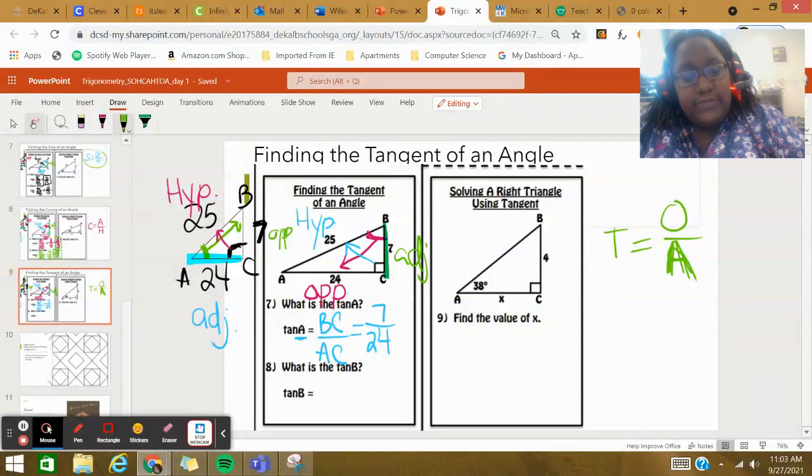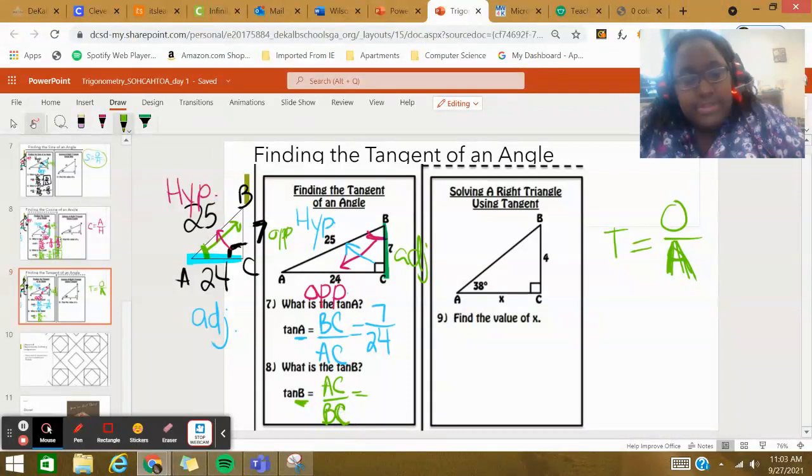Okay. So again, from here, I'm going from tangent B. So my opposite will be AC over BC.